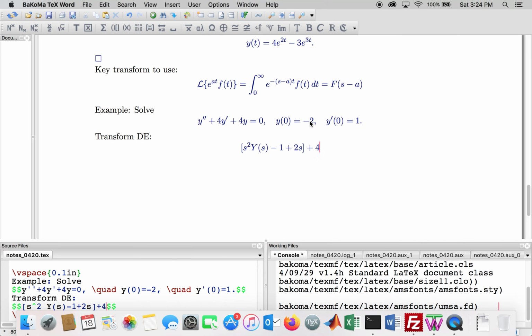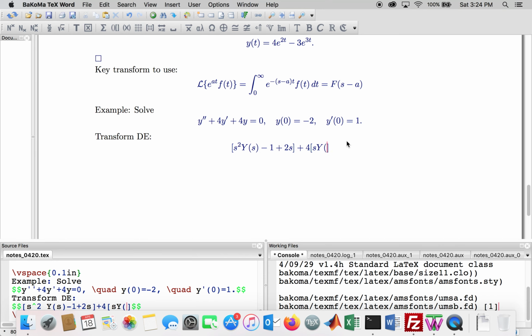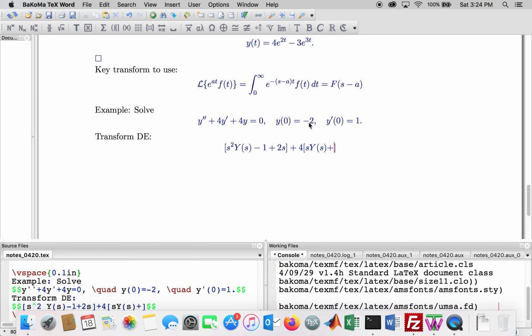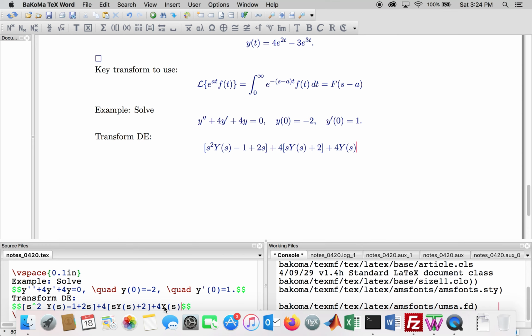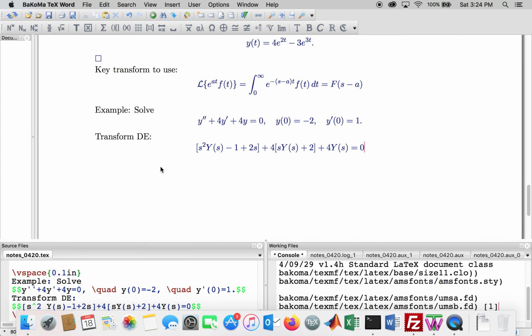Then plus 4 times the Laplace transform of y prime, which is s Y of s minus y of 0, which is minus minus 2, so that gives a plus 2. And then plus 4 Y of s equals 0.